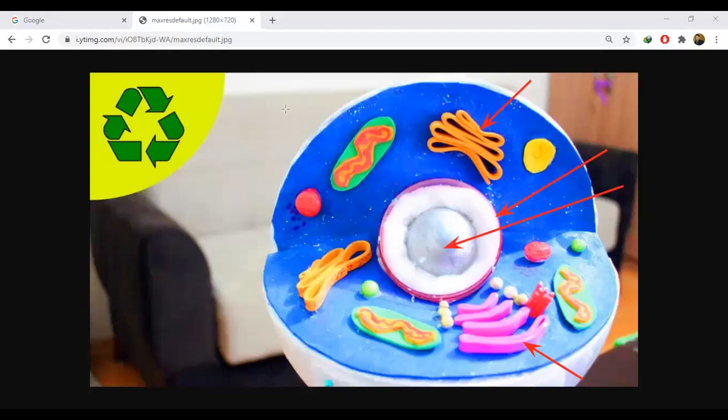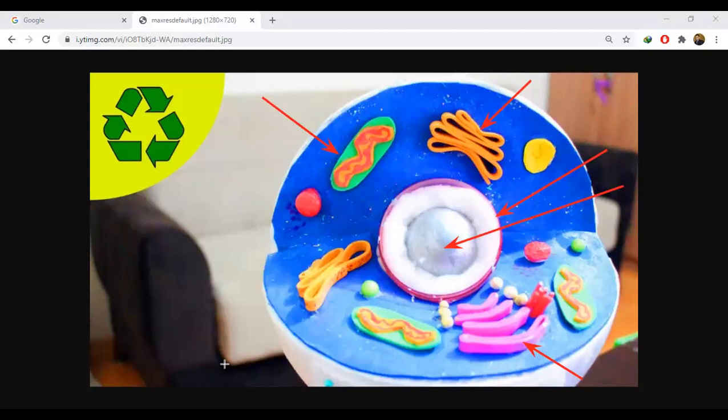What could be this? Mitochondria. What is this blue color region?